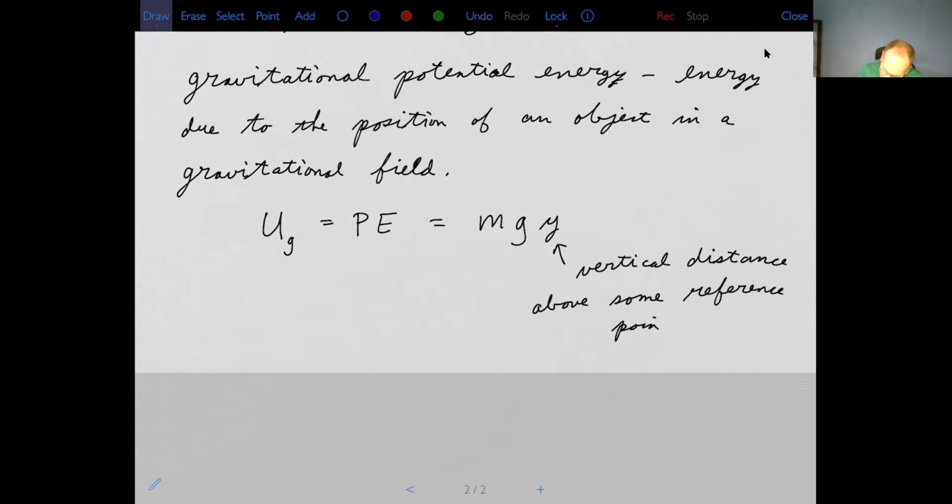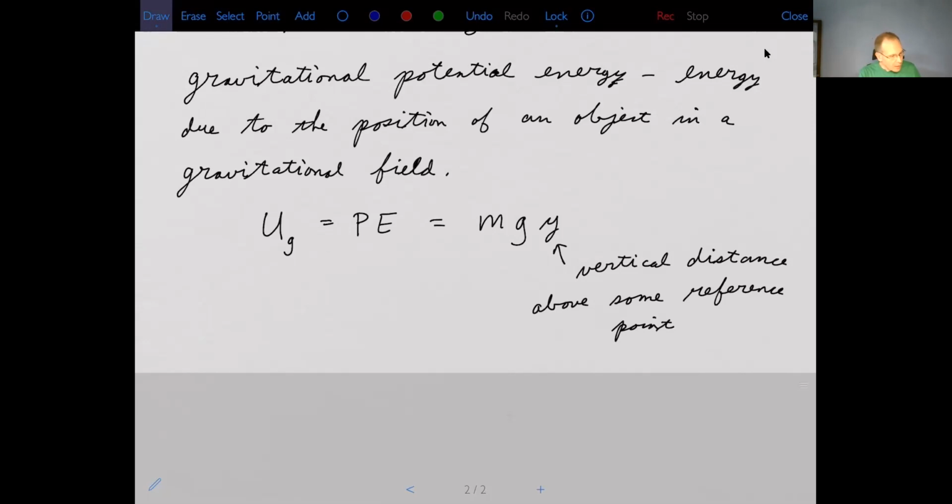So there's some reference point where you assume the potential energy is 0, right? So the Y would be 0, and you measure from that particular reference point. It turns out that the actual potential energy doesn't really matter. We're really only interested in the change in potential energy. So it doesn't matter where you choose your reference to be.